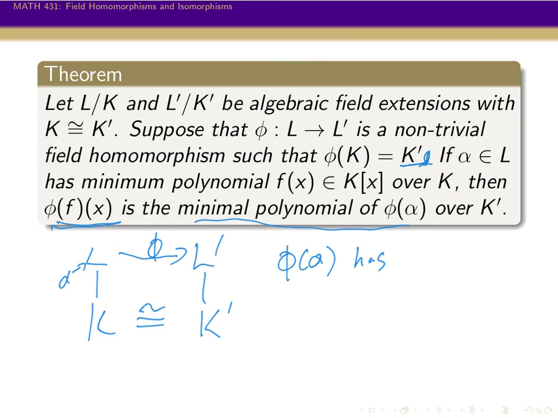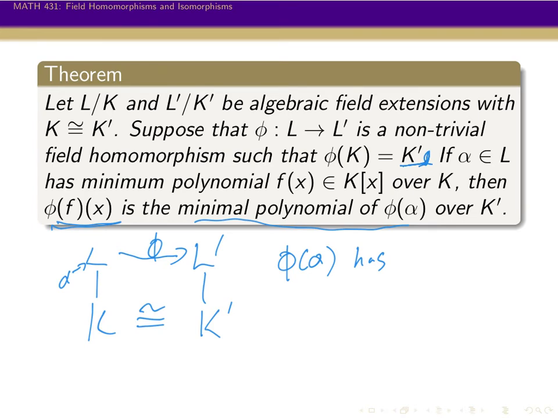So it's the image of the minimal polynomial f of x. And so wherever the polynomial f of x gets sent to by phi, alpha is going to be sent to a root of that new polynomial in K prime.